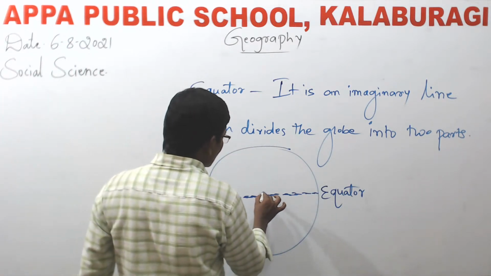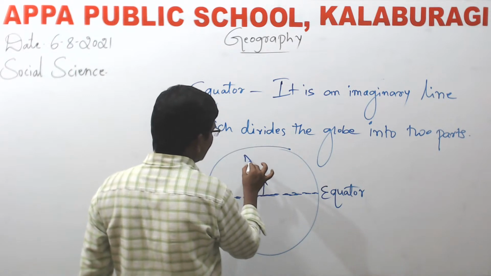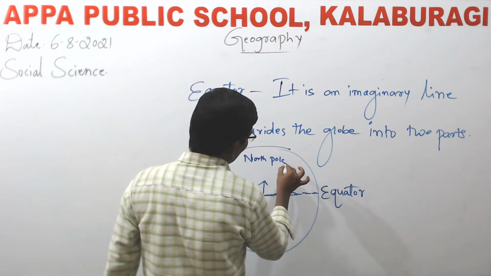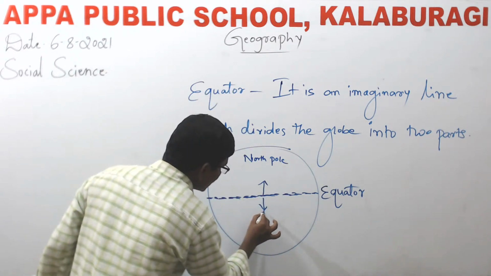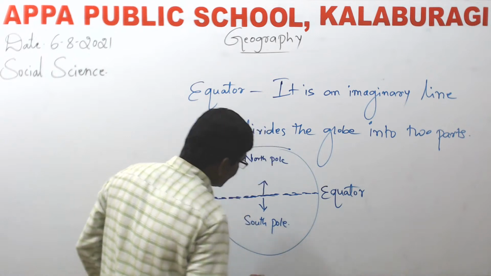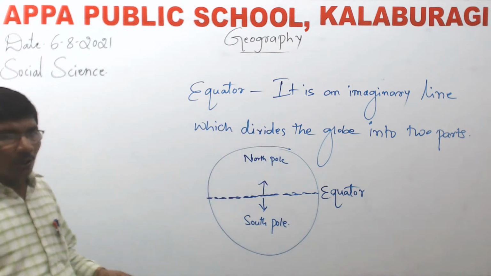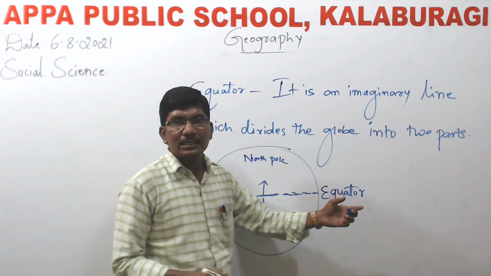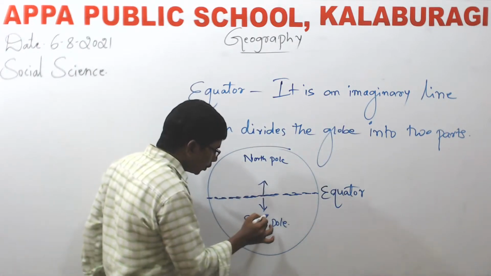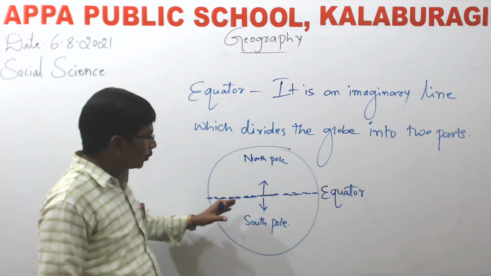And if you go towards this direction, this is North Pole. If you go towards this direction, this is South Pole. Got it, children? So the equator is dividing the globe into two parts, North Pole and South Pole.